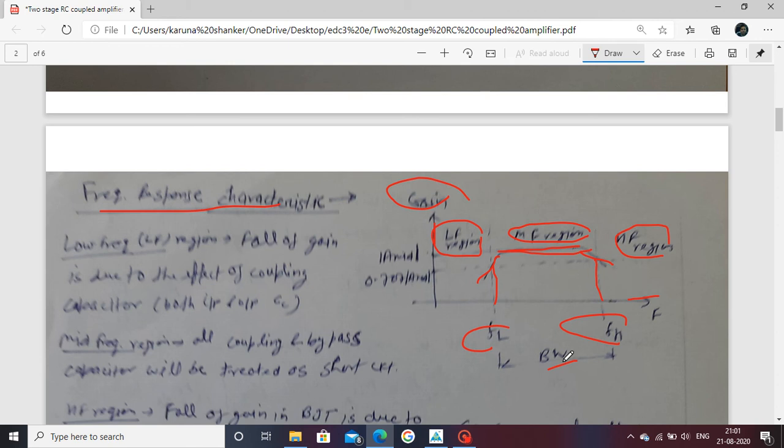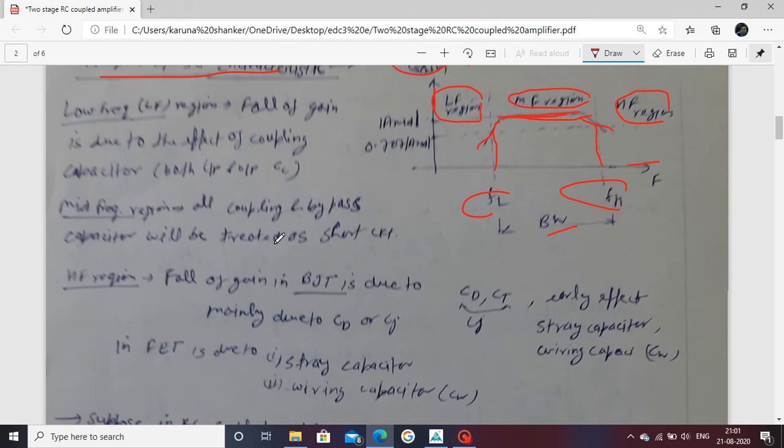Here you study why the gain decreases below FL, why it decreases above FH, and why between this region the gain is constant. Here are a few points. In the lower frequency region the gain is reduced. Why?